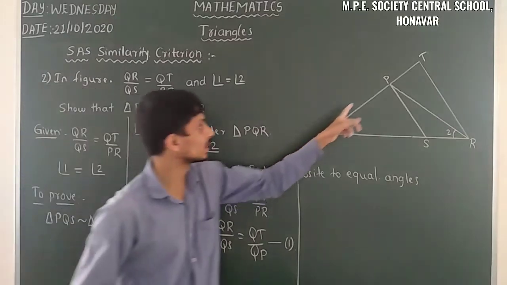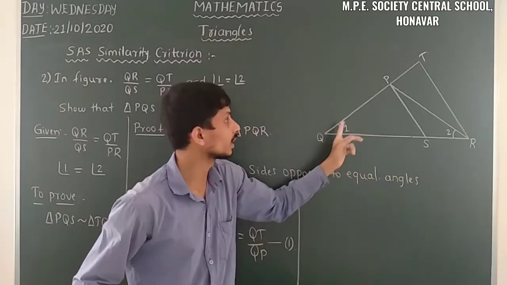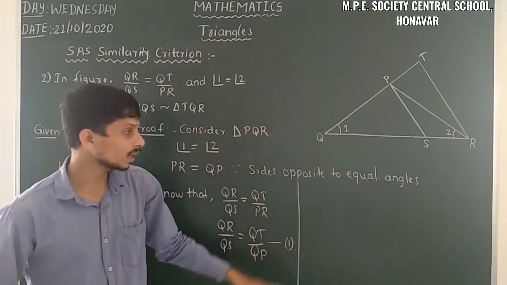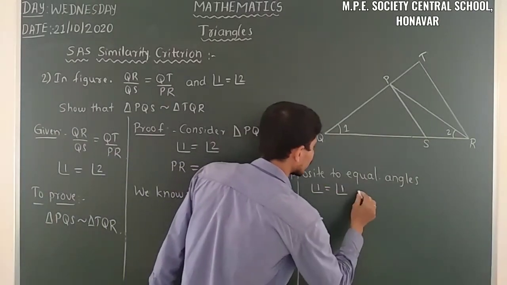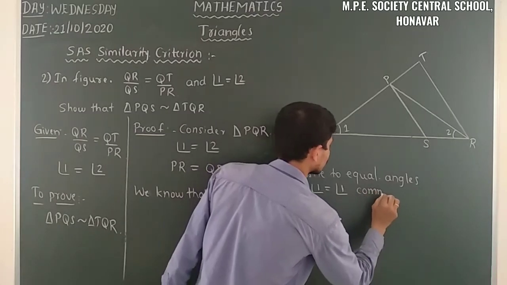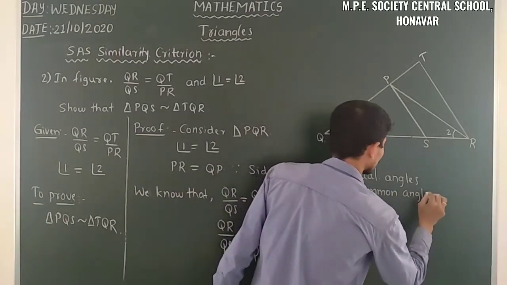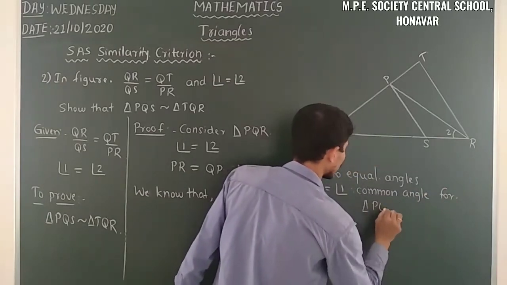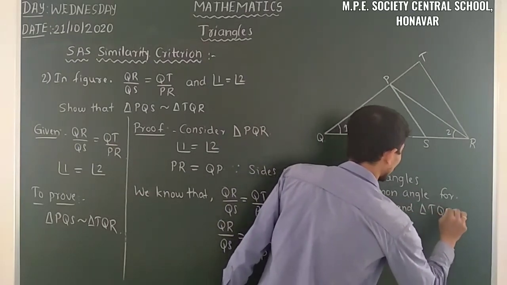So we can take angle 1 is equal to angle 1, it is the common angle for triangle PQS and triangle TQR.